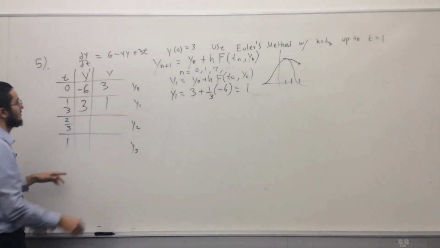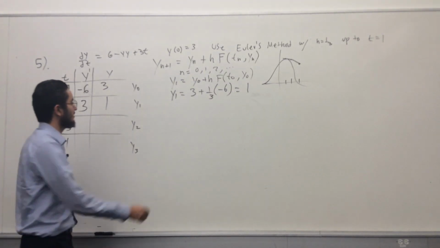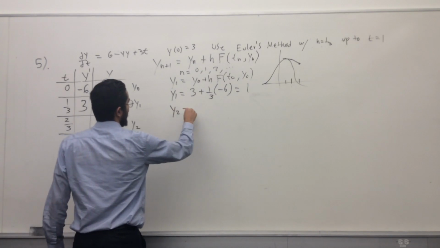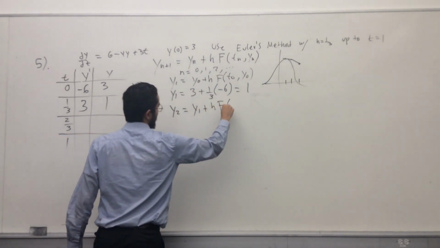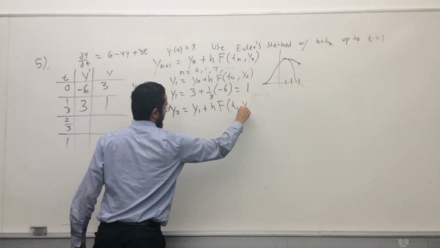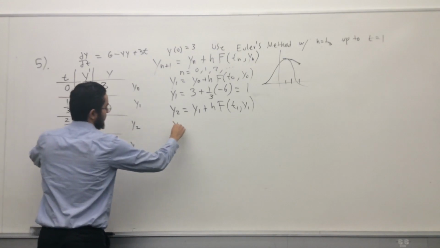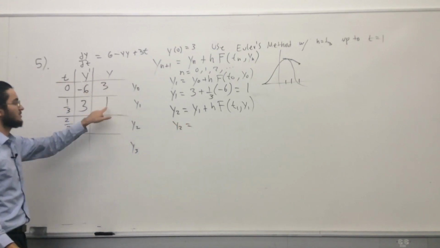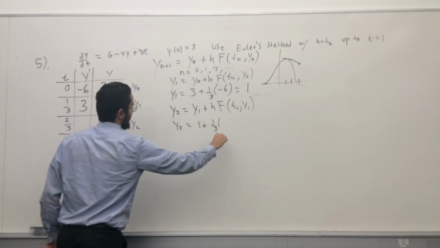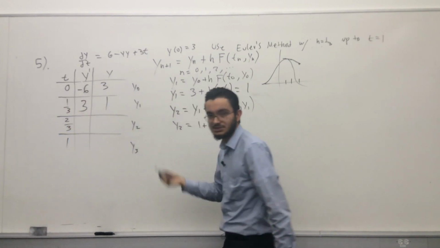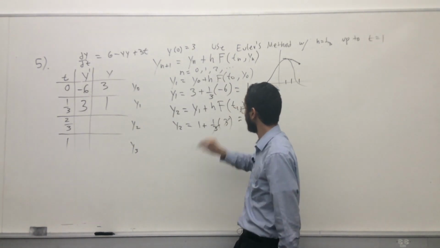So that's the value of the tangent, the slope. So y2 is equal to y1 plus the step size times the derivative evaluated at t1 and y1. So y2 is 1 plus 1/3 times 3, and look at that, we get that y2 is 2.